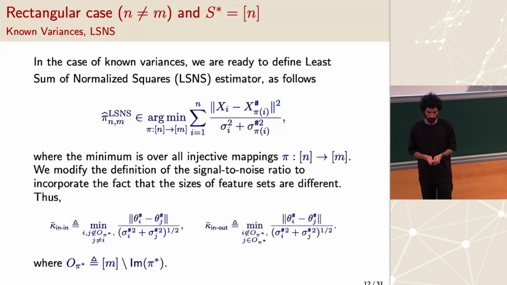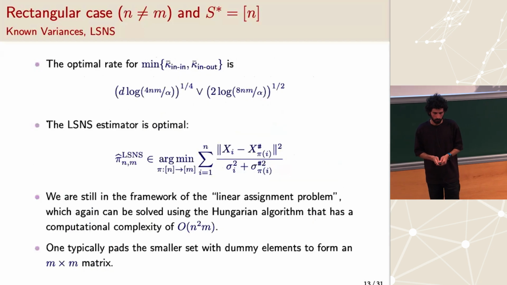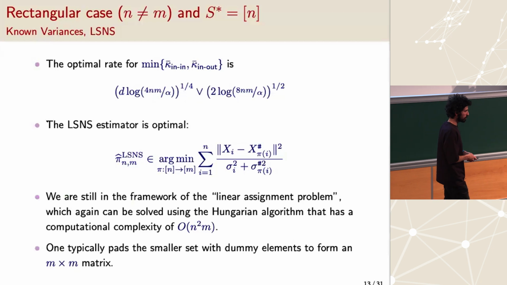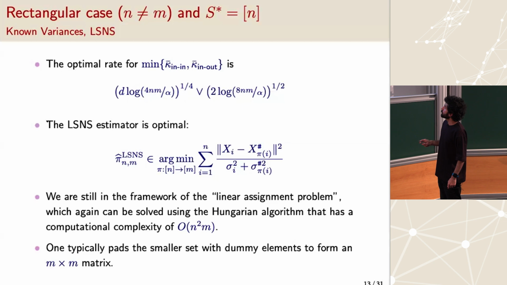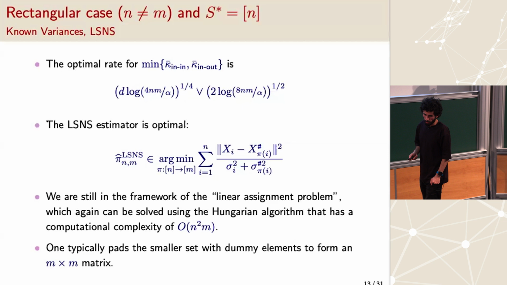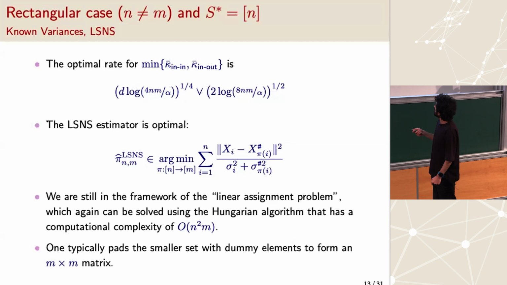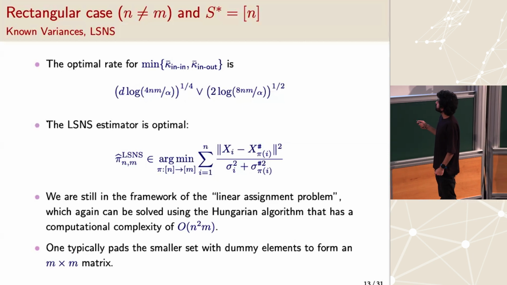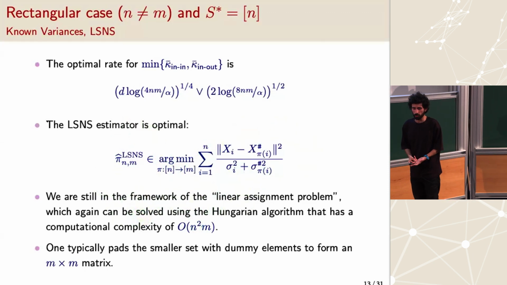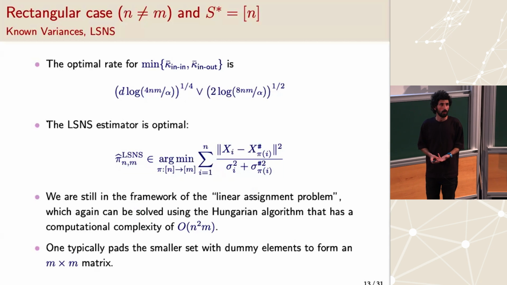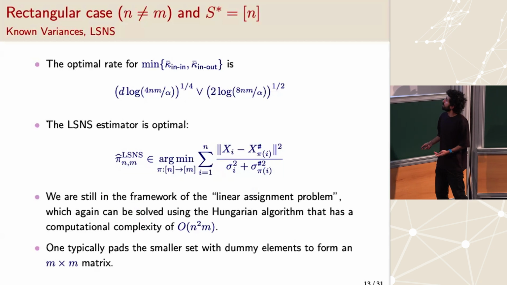All right. So the optimal rate for this case is again the same, up to minor changes from n squared to n times m. The estimator changes slightly to incorporate these sigmas, which we consider to be known. And again, this problem can be solved efficiently in complexity of n squared m.